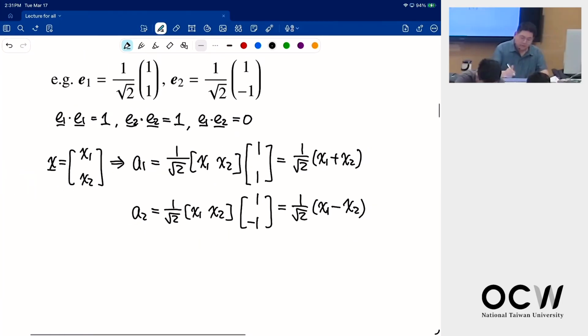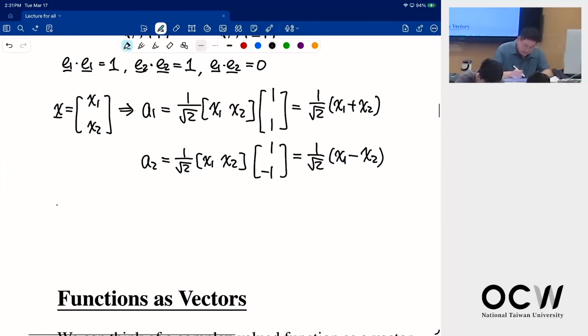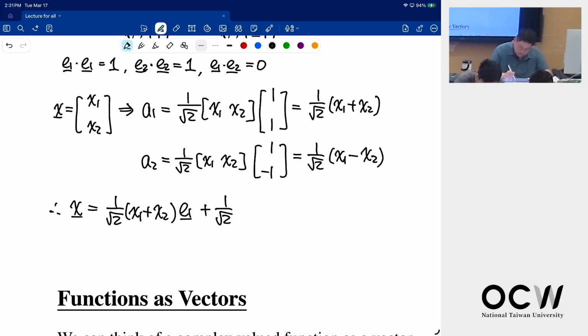Therefore, I can express x now. The x is a1 E1 and a2 E2.